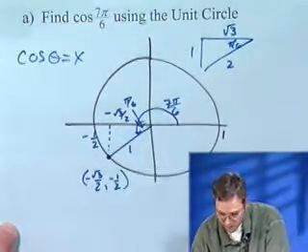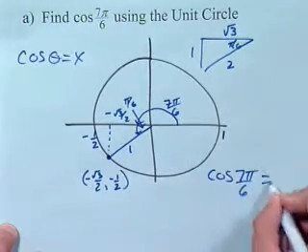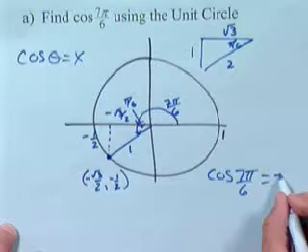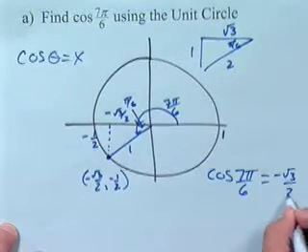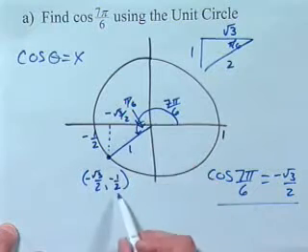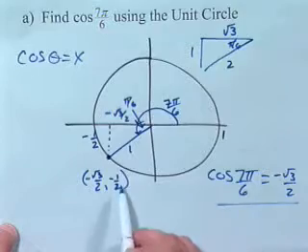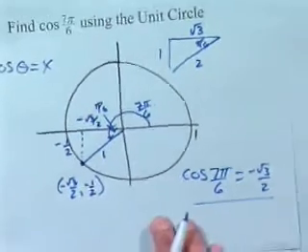Therefore, cosine of 7 pi over 6 is just going to be our x coordinate. And we're done. Sine of 7 pi over 6 would be negative 1/2. Tangent of 7 pi over 6 would be the y coordinate over the x coordinate, etc.